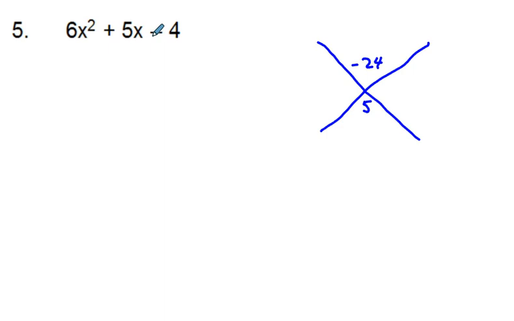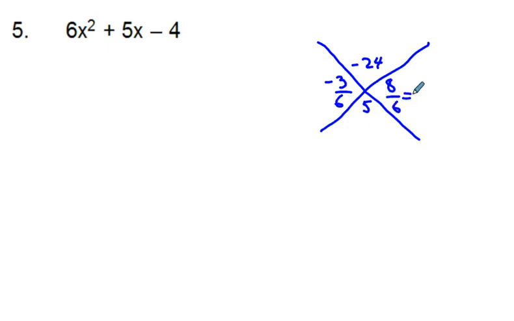But I'm thinking 3 and 8 because 3 and 8 are 5 apart. And then which one is going to be negative? Well, if we have positive 5, so 8 is going to be positive and 3 is going to be negative.